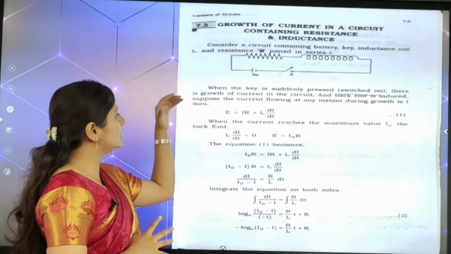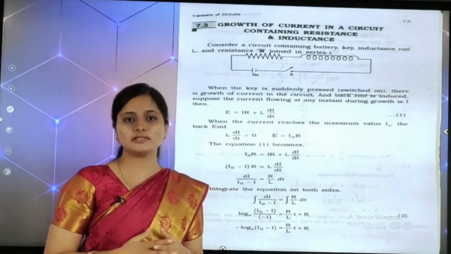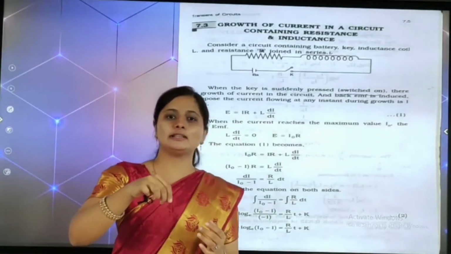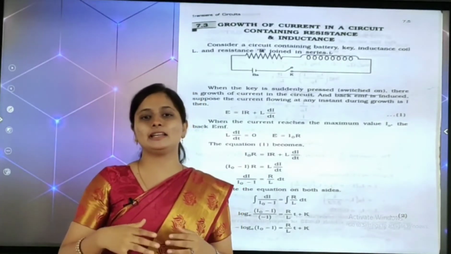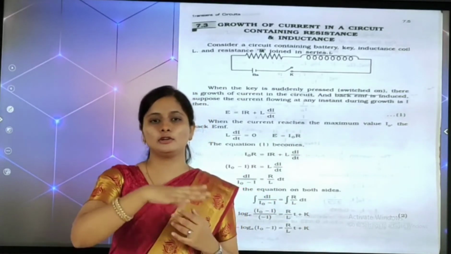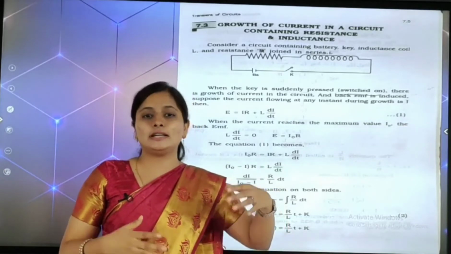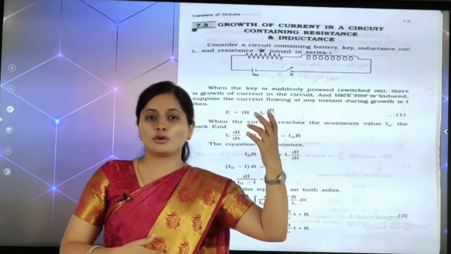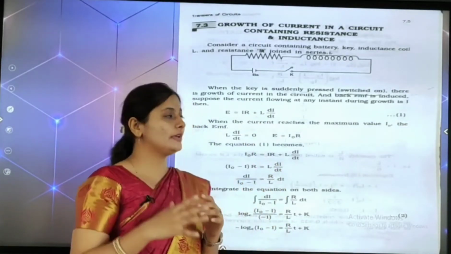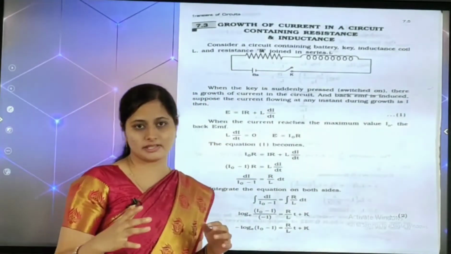Next, there is a growth of current in the circuit. How will the growth of current take place? Because by putting the plug key, the battery connection is made, and current will start supplying to the whole circuit. That time the current will be growing, means increasing. So we can write here there is a growth of current in the circuit.